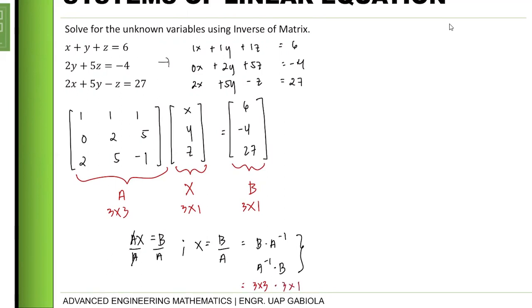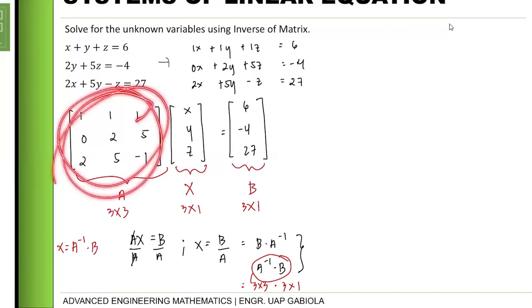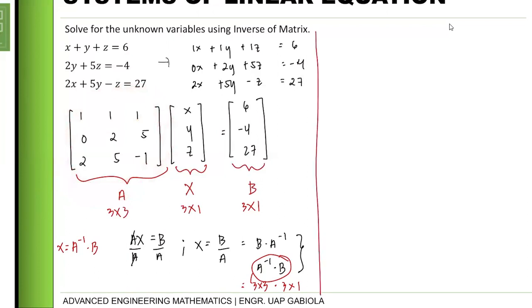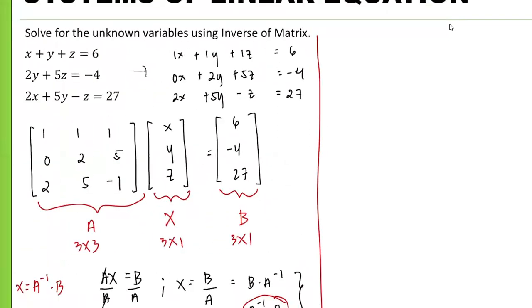Okay? So, ibig sabihin, ayan, ito, tama na to. Dapat ito yung pipiliin natin form niya. Okay? So, yung solution natin for this problem will be X is equals to A inverse times B. Okay? And para makuha natin, kailangan kunin muna natin yung inverse ng A natin. Which is, ito, inverse nito. Right?